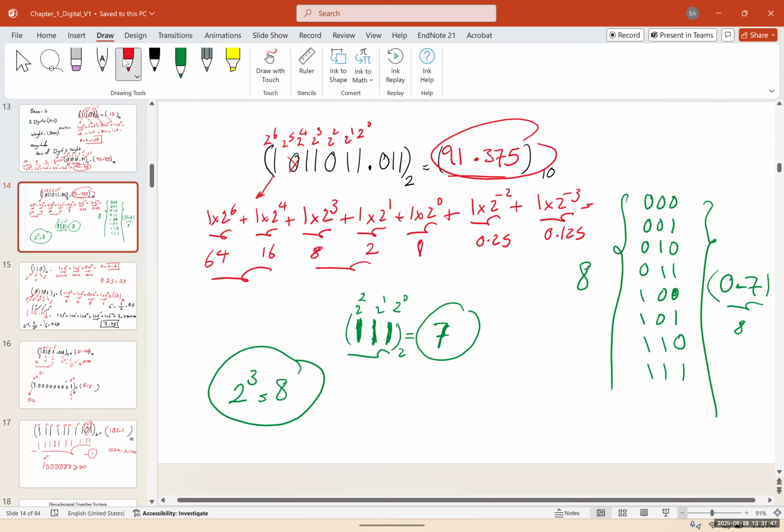So 0, 0, 0, and I'm going to write the decimal number of these in front of them. So this is going to be 0, 1, 2, 3, 4, 5, 6, 7. How many digits do I have? 8 digits. Okay.